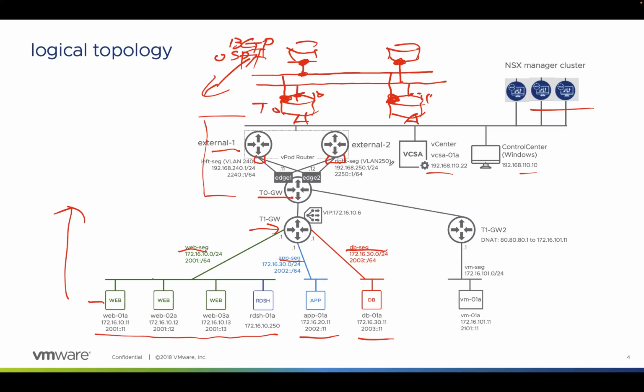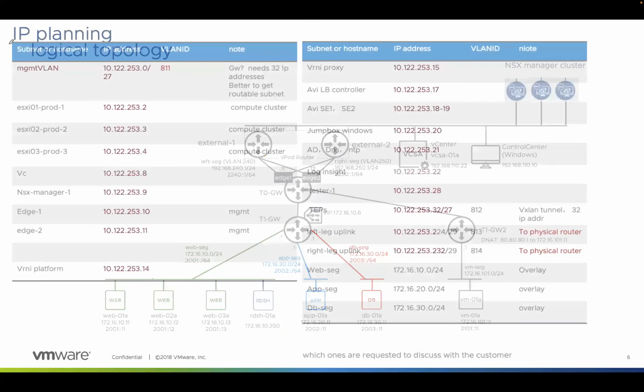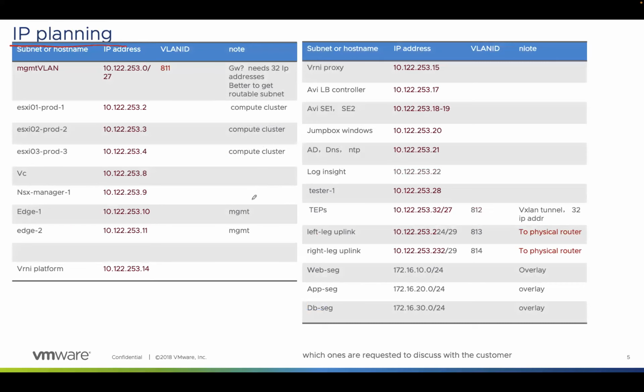So if you already know this logical topology, then we have our IP planning. You have to make a table in detail for every IP address, subnet, or VLAN ID you're going to use. It is very important for you to prepare this.